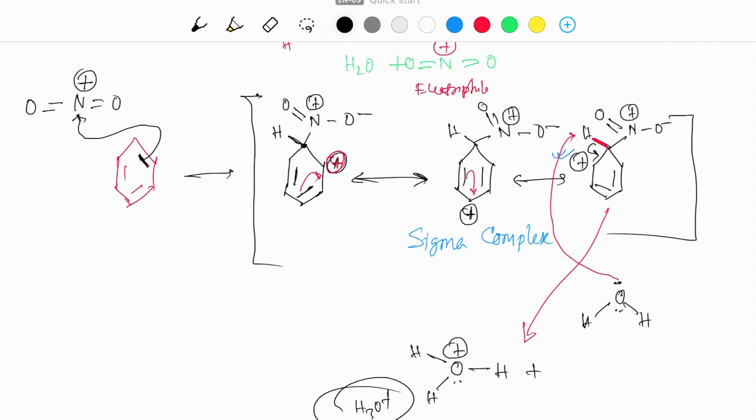Okay, so this is our benzene ring. We already had these two bonds, and we reformed this bond here, and we have our desired nitro group that has a positive charge on it. Or we can also write this like this. So this is our nitrobenzene.